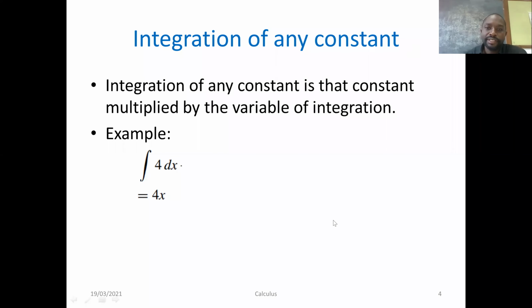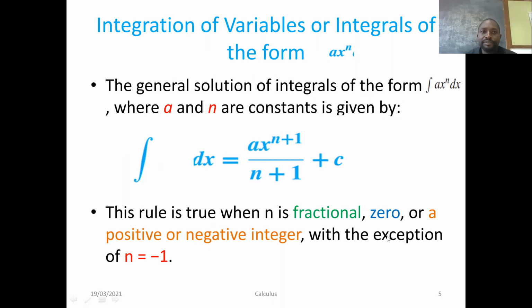The next type is integration of variables.